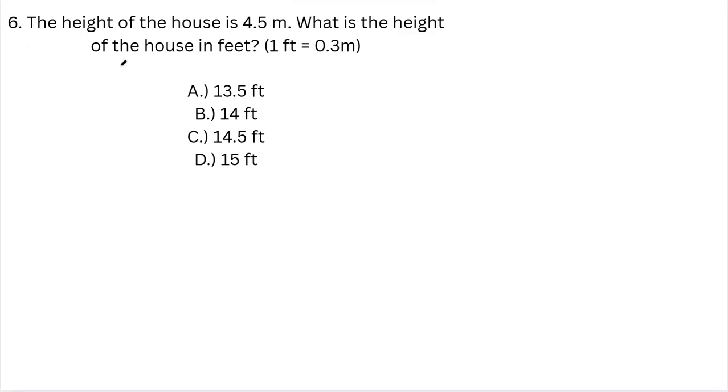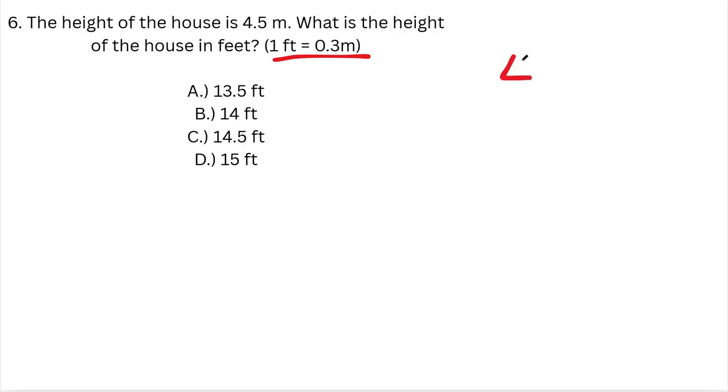The height of the house is 4.5 meters. What is the height of the house in feet? 1 foot equals 0.3 meters. Okay, so for this one, they actually gave us the opposite conversion, so it will be a little bit harder to do this because it shows 1 foot equals 0.3 meters instead of like 1 meter equals something feet.